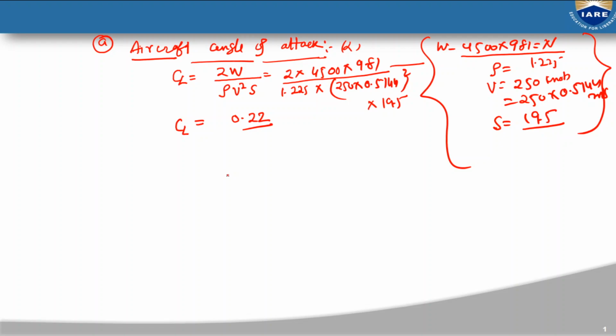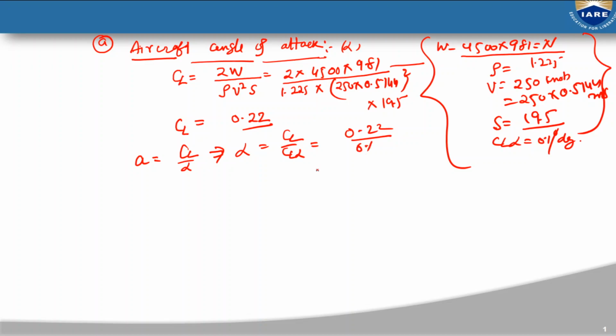Now we know the equation for A is equal to CL by alpha, or alpha is equal to CL by CL alpha. CL we got 0.22 and CL alpha is given as 0.1 per degree.